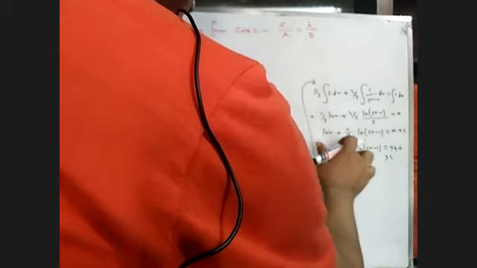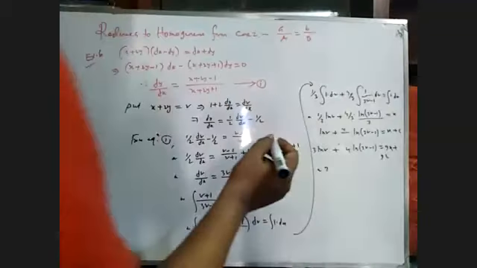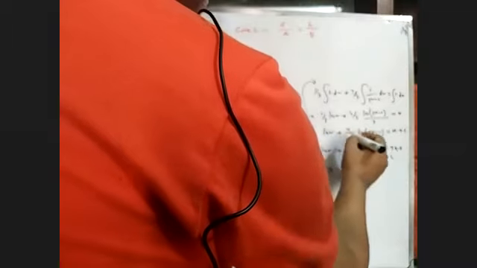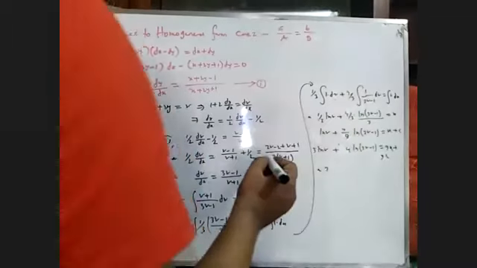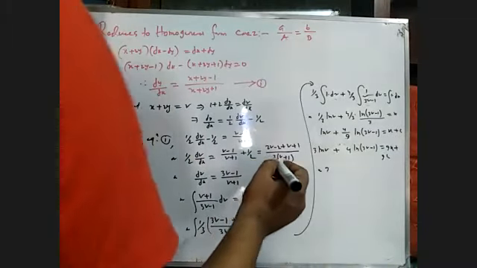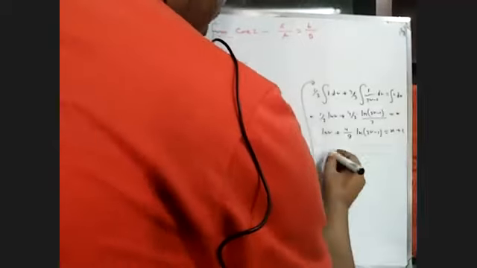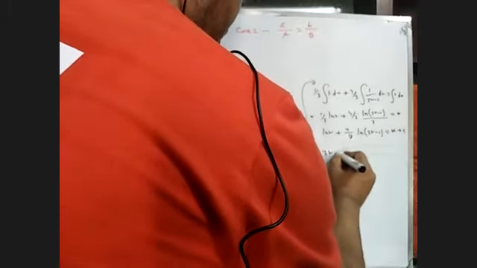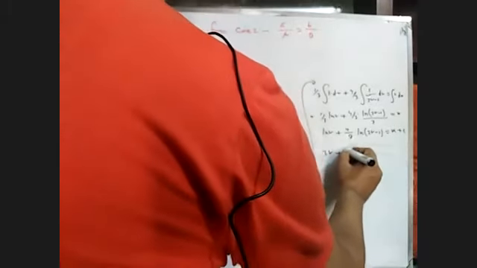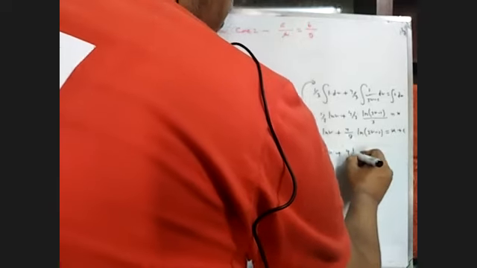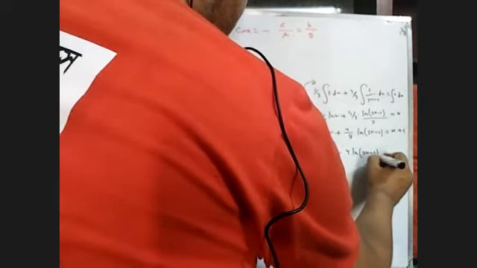So removing ln, thrice b plus 4 ln (thrice b minus 1) equals 9x plus 9c.